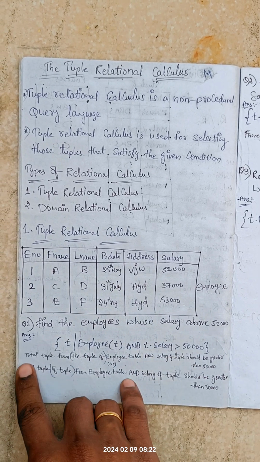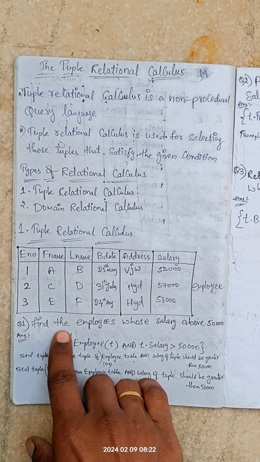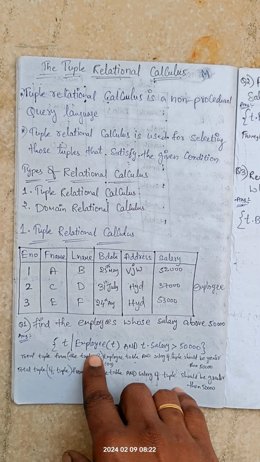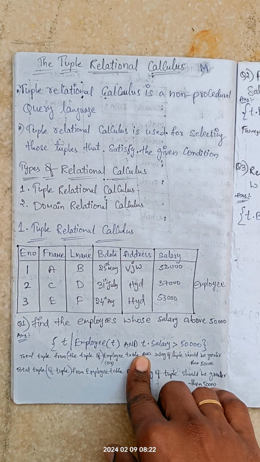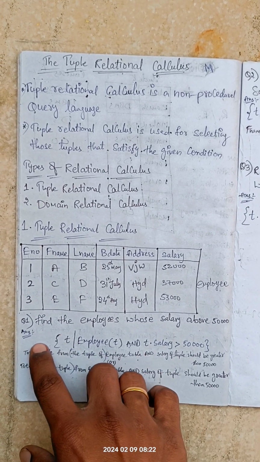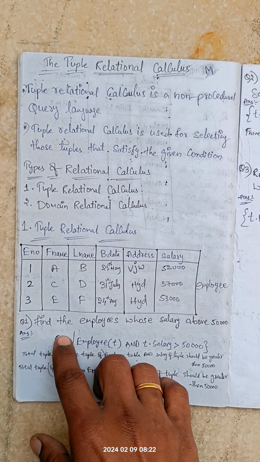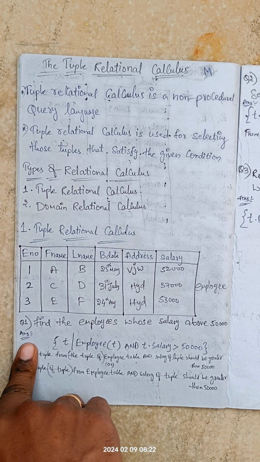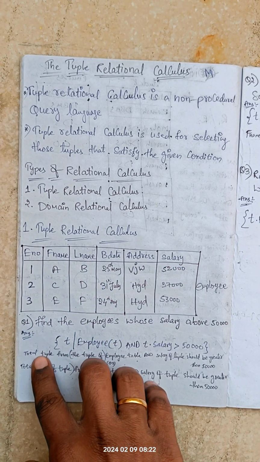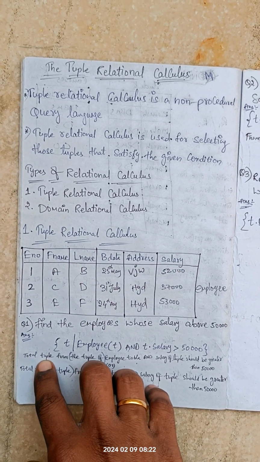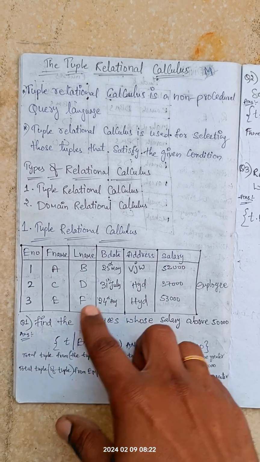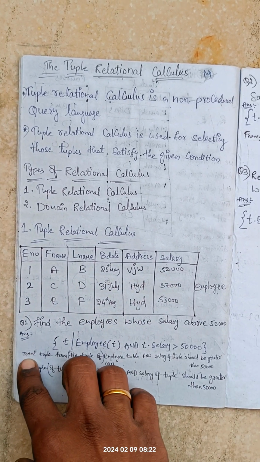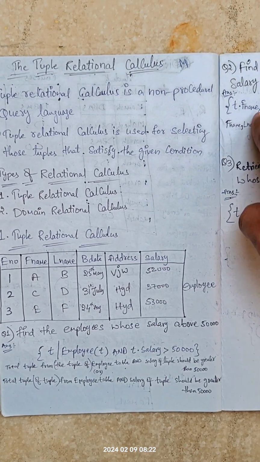So for your explanation, I have written here, see, total tuple from the tuple of employee table. Why have I written total tuple? Actually, tuple means only the total tuple, but we have written total tuple. You will understand after explaining the second one.